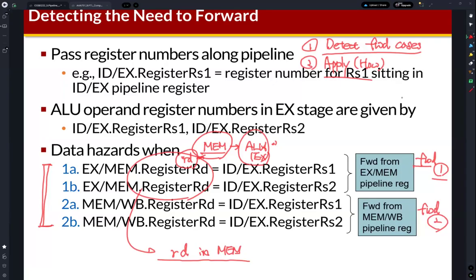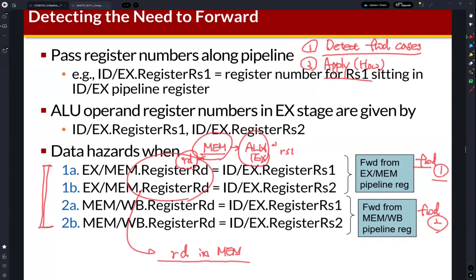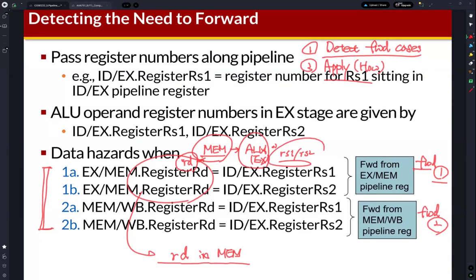Because the RD can be propagated to the next stage via the pipeline registers, right? Then we need to check the RS1 and RS2 in the EX stage, right?